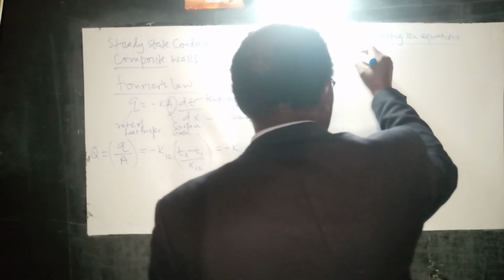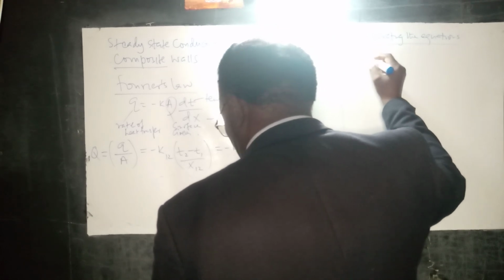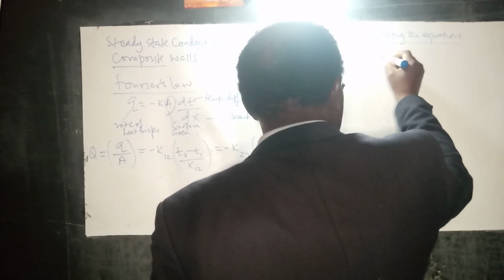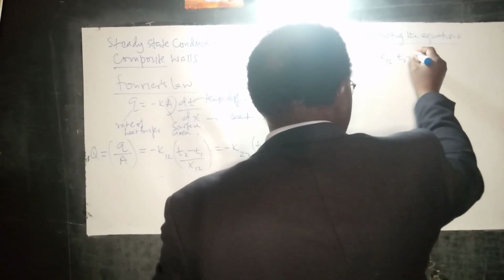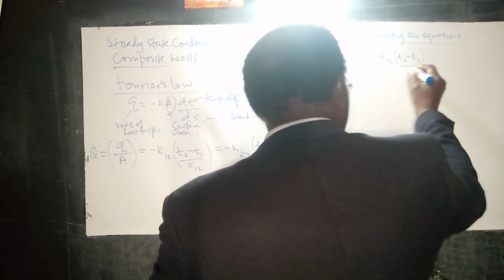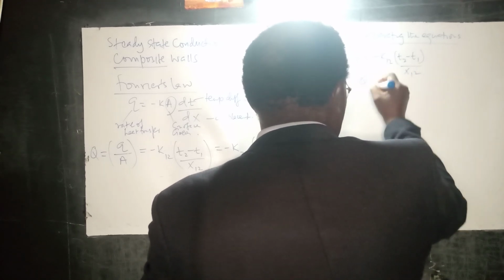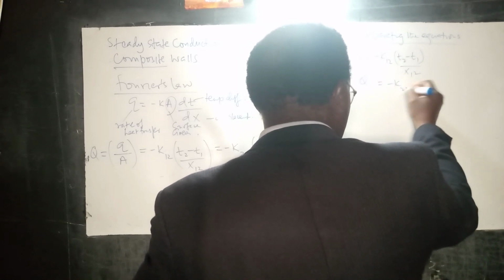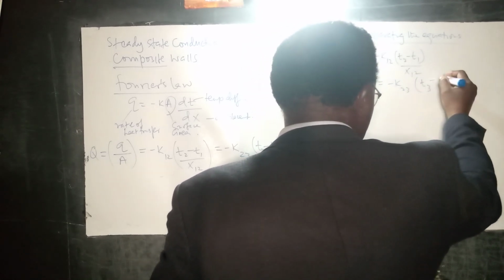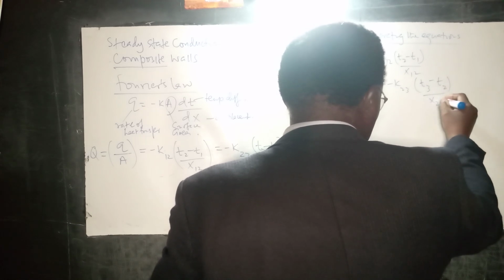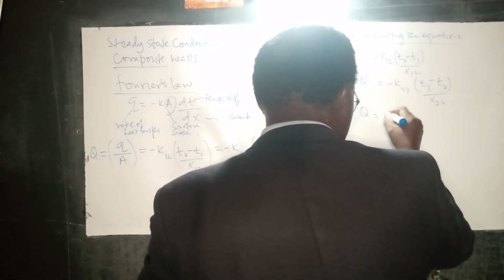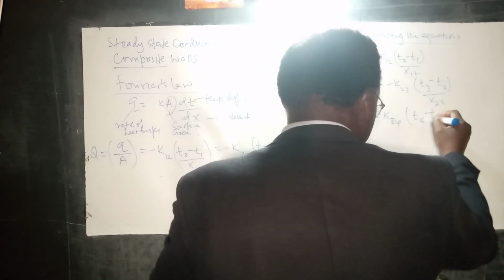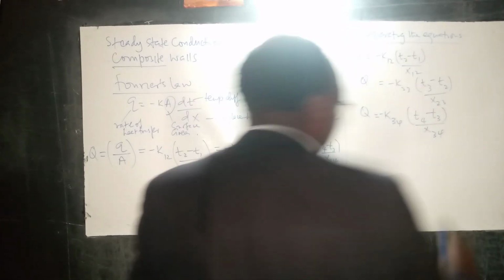then we are going to see that Q equals minus K12 into T2 minus T1 over X12. Again, this will be equal to minus K23 into T3 minus T2 over X23, and Q equals minus K34 into T4 minus T3 over X34.